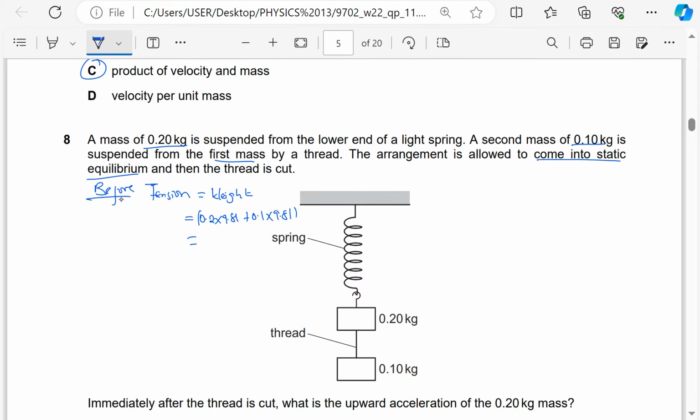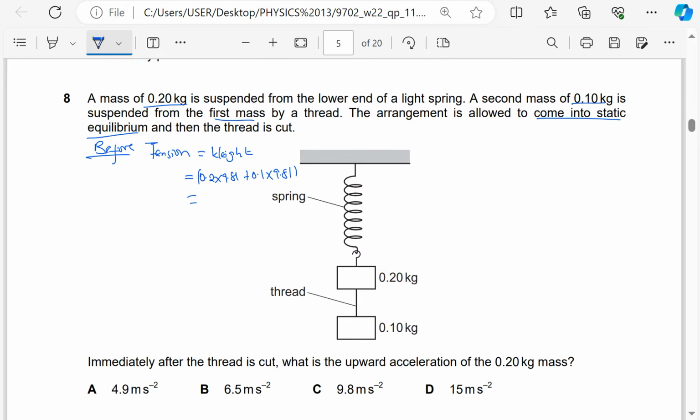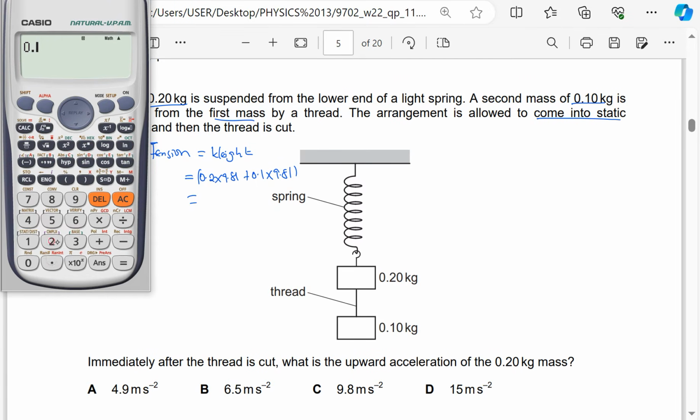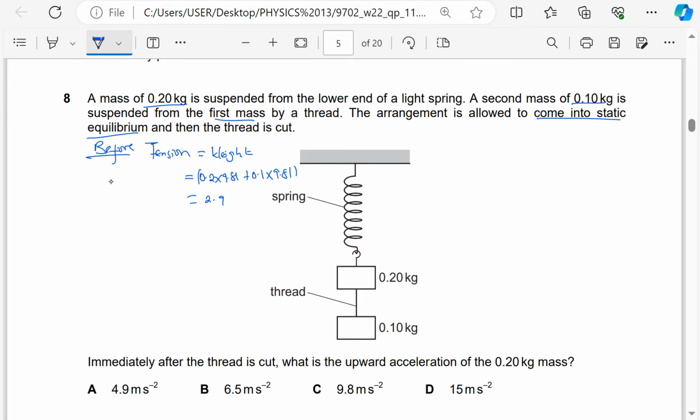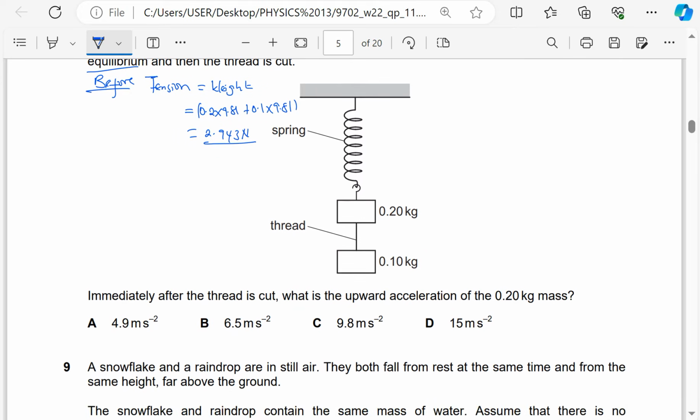Remember this is before, or initially. So this is 2.943. That is the initial tension in that spring.